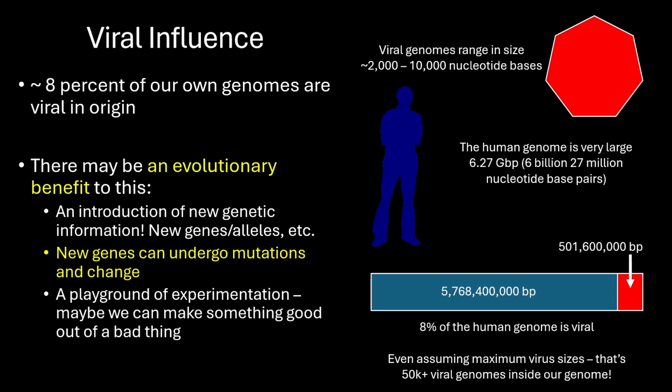Normally, that doesn't happen through typical mutation. And these new genes, even though they start out as something that's very destructive, can undergo mutations and change and eventually become something very useful. Researchers today believe, for example, that the placenta that occurs in placental mammals is a feature that came about through repurposed viral genetics.